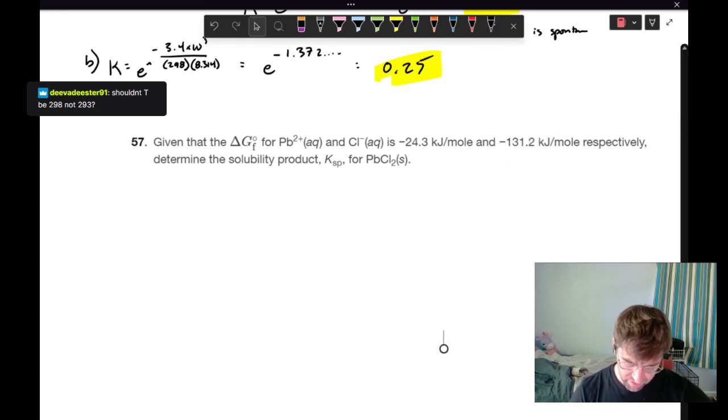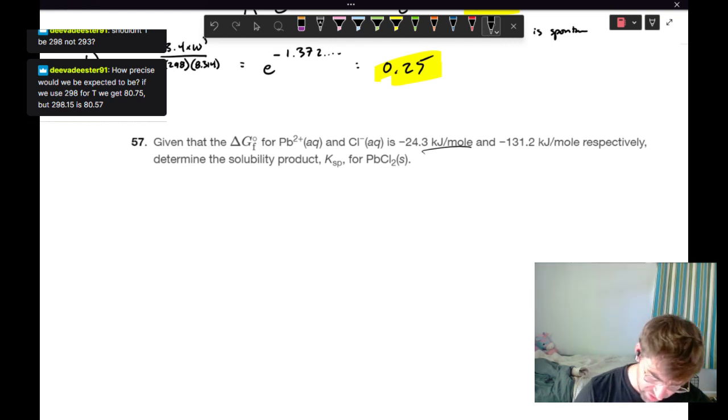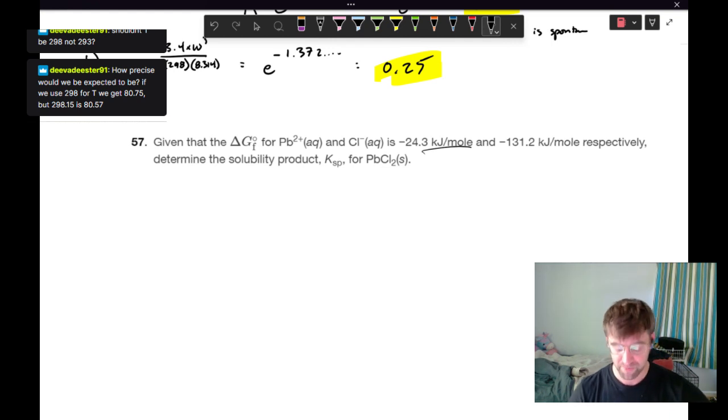All right, given the standard Gibbs free energy for lead 2 plus aqueous and chloride aqueous is negative 24.3 kilojoules per mole, be mindful of units, and negative 131.2 kilojoules per mole, respectively, determine the solubility product for lead chloride solid.